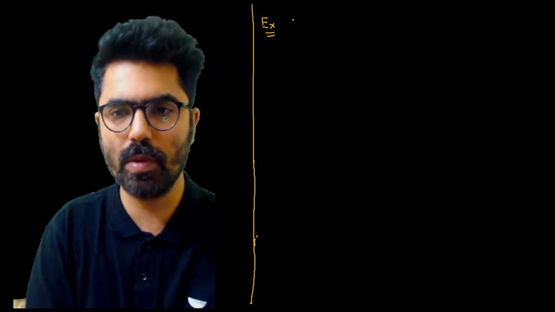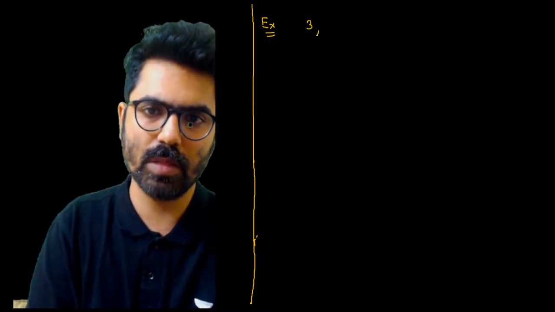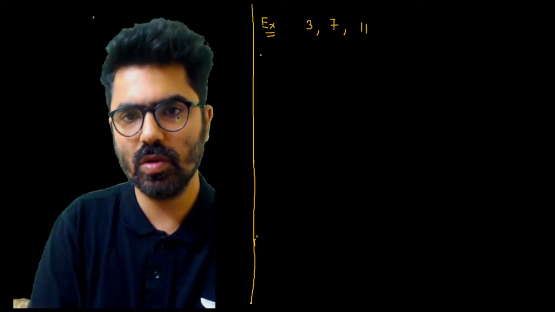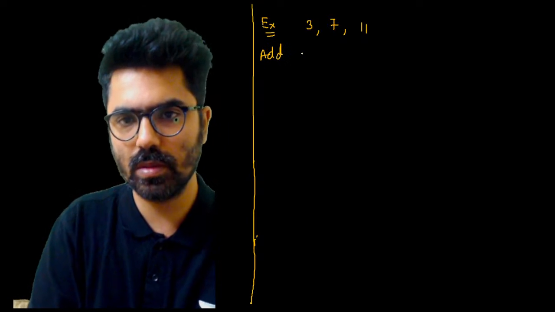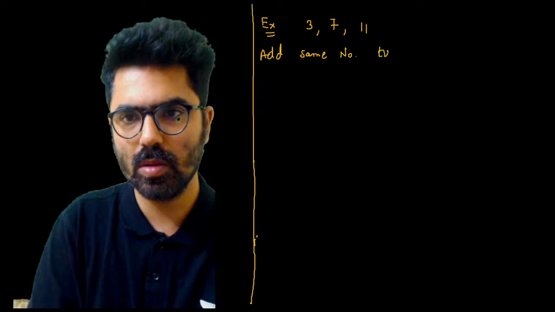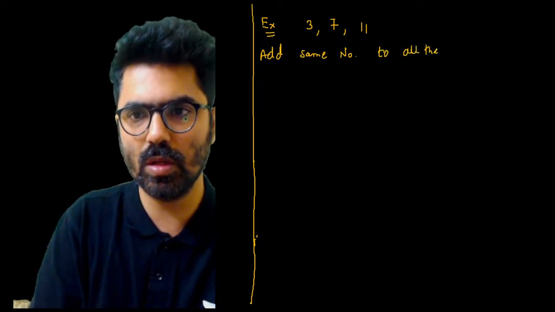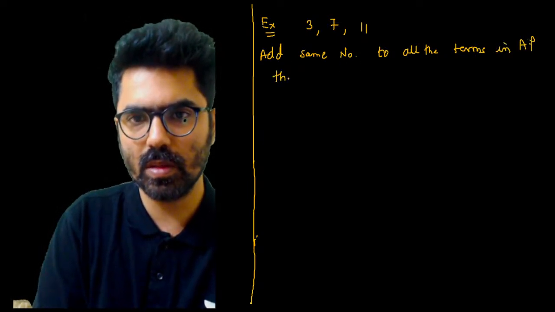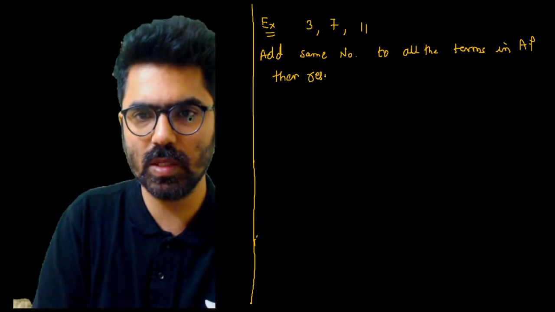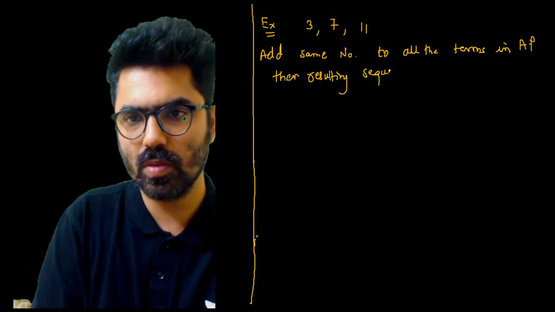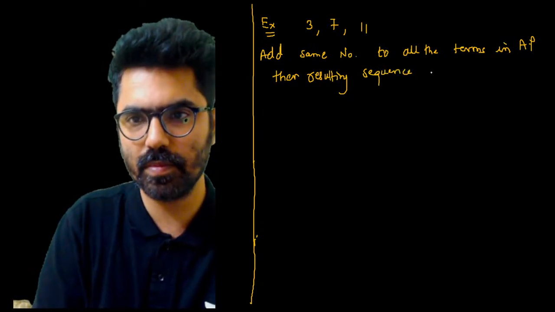I'll take a few properties with an example. If you have numbers in AP, 3, 7, 11, and you add the same number to all the terms in AP, then the resulting sequence will also be in AP.